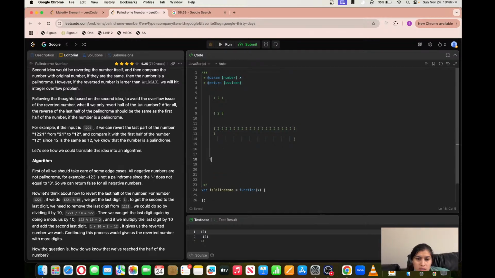Like if it is 1 2 2 1, then the first half and second half will be the same if it is a palindrome. 1 2 and 1 2, this should be the same. So I can just revert the second half and then see if the rest of the half is the same or not.